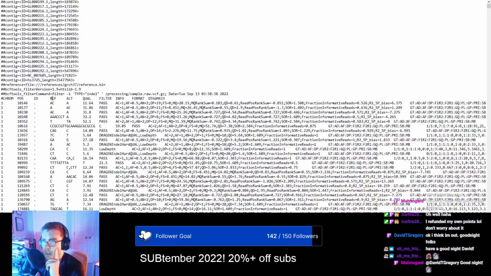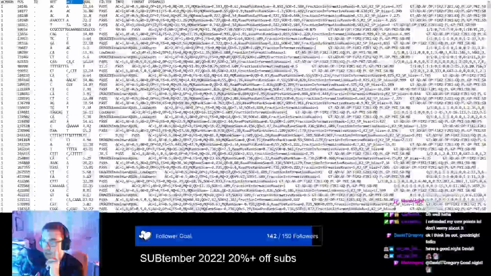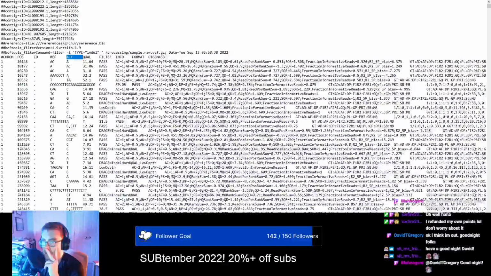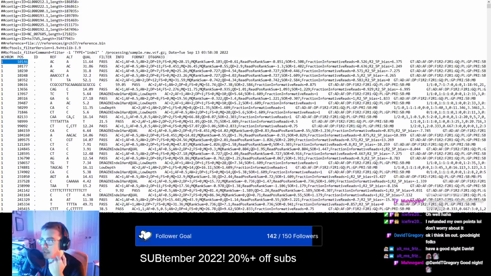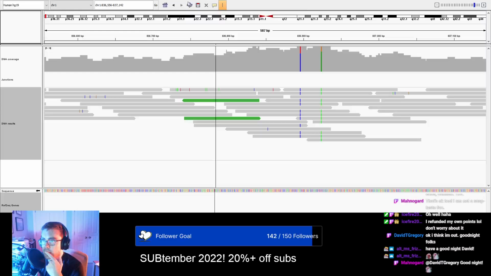So we've got ID, reference, alternative. So the alternative is what I have. Better double check that. Where there should be an AC, I should be able to see the difference here. Where there should be an AC, I should have 1. So there should be a deletion.